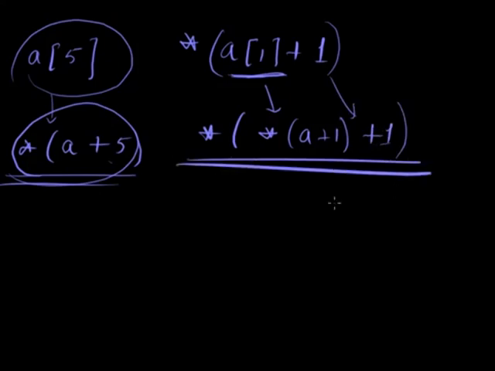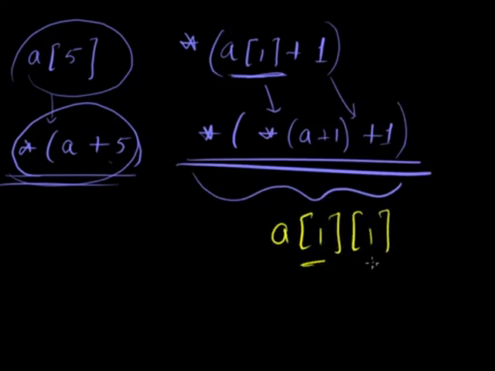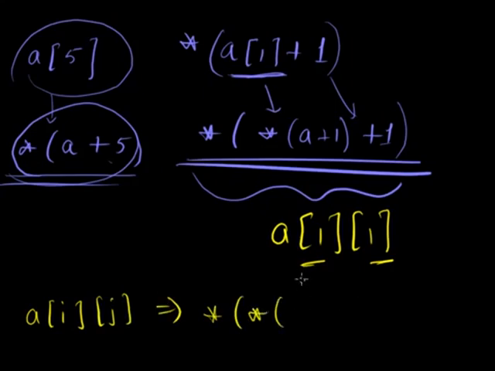So this way you access the element of a 1 1. So to speak, aij will be accessed like this: star of, value of, then a plus the row, then we get to the column. Okay.